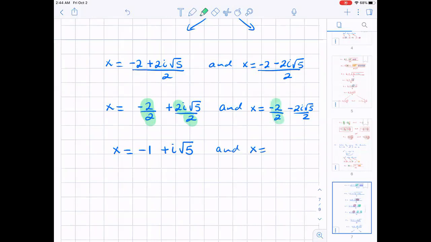This here, negative 2 divided by 2 is negative 1. And negative 2 divided by 2 again happens to be negative i root 5. Okay, so here are the two solutions to our problem.